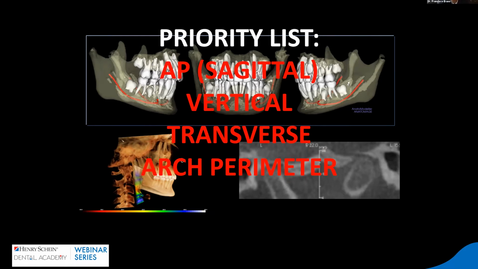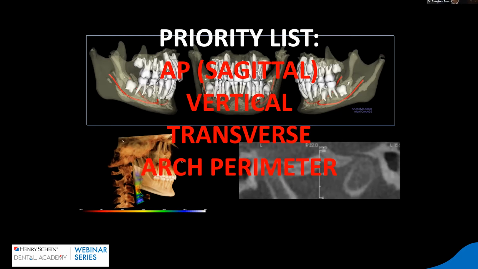Should I do expansion first? Should I only align teeth? Which one is going to be my priority? It's extremely important that you have all of the diagnostic information to make diagnostic and treatment planning decisions. So CBCT is extremely important in that area, and I strongly recommend you consider adding CBCT into your practice.